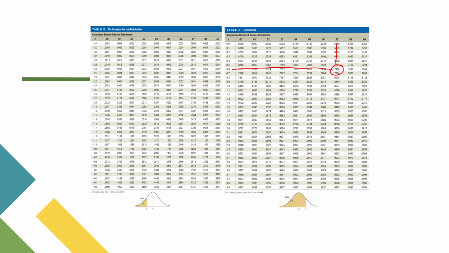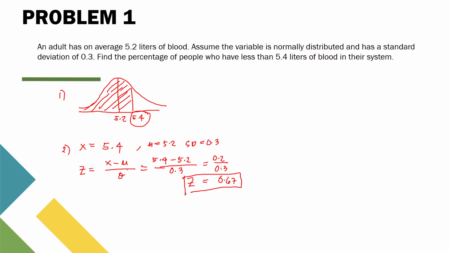Since we want the area to the left of the z value, we're going to make use of the area provided in the table. So the area for z of 0.67 is equal to 0.7486.